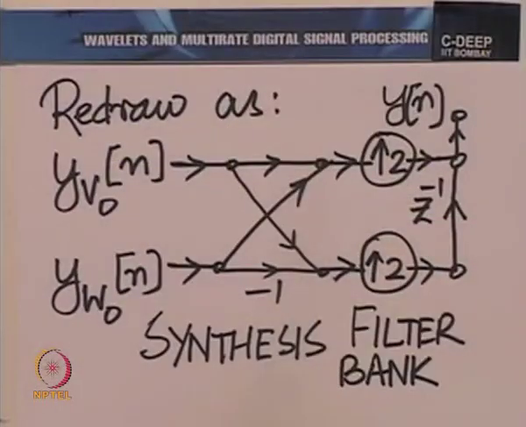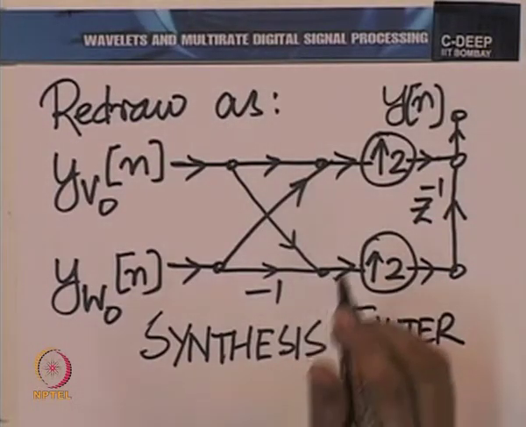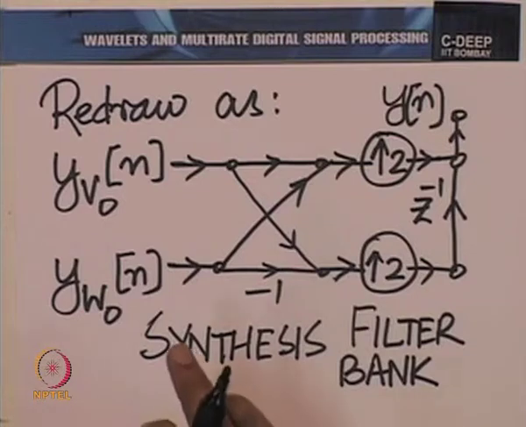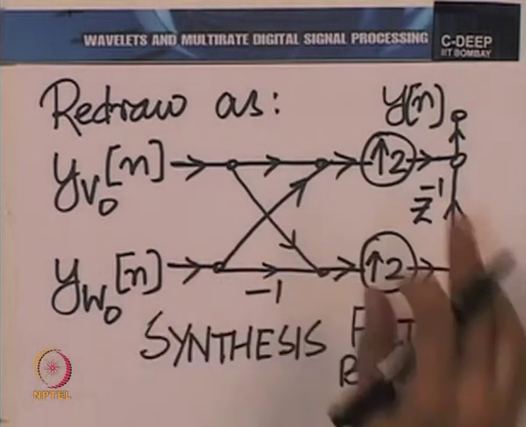Here I have a beautiful decomposition of the synthesis filter bank into what is called its polyphase components lying ready for me right here. Now, this word polyphase we will illustrate in greater detail later. What I am trying to say is that the structure that we have drawn right here for the synthesis filter bank actually gives us an efficient way of computing or representing the computation of the synthesis filter bank.